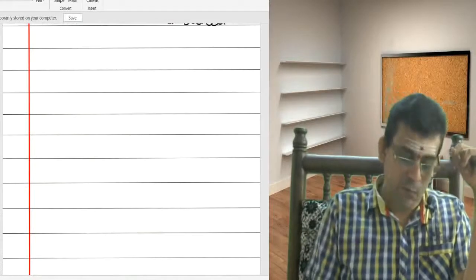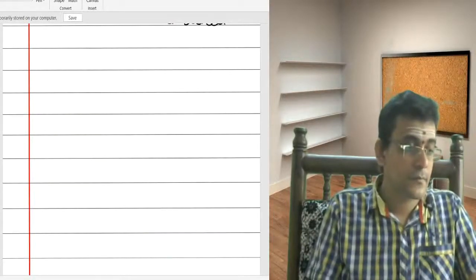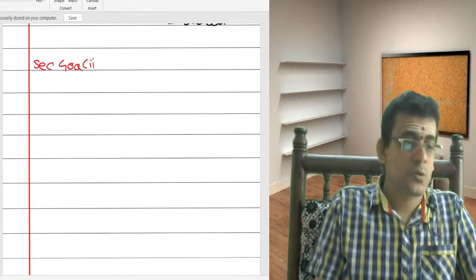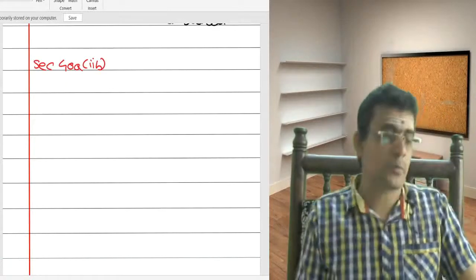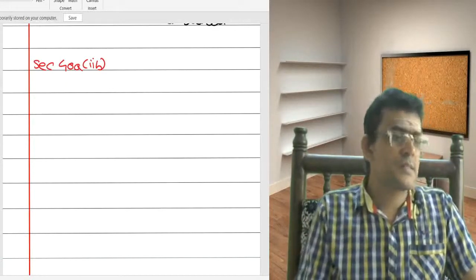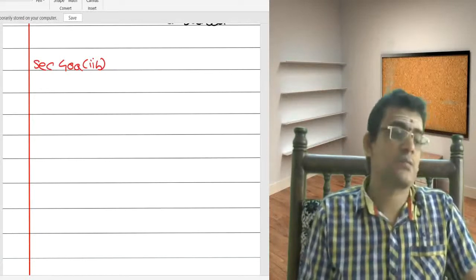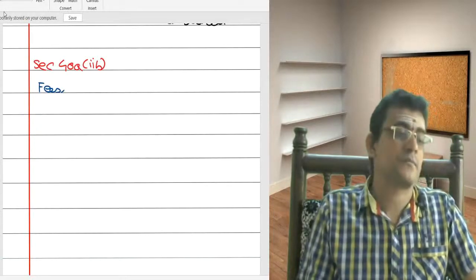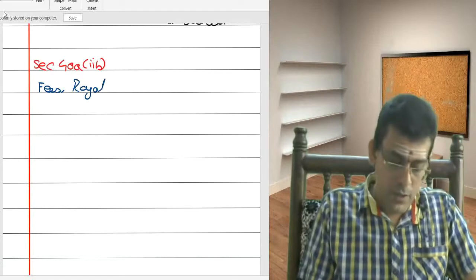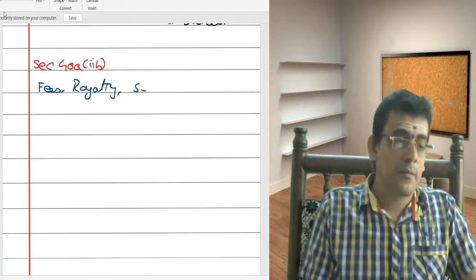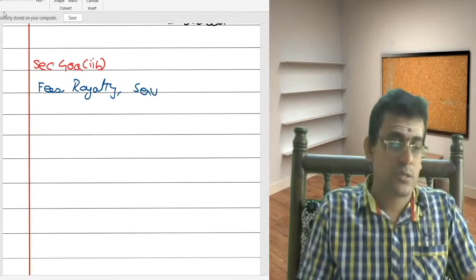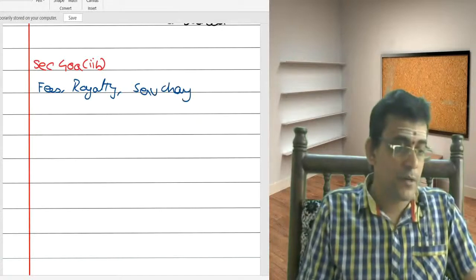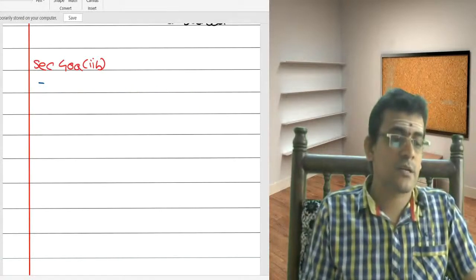Section 40A subsection 2B. Now let us see what this is. This is generally about whenever you are making payment of fees, royalty, or any sort of service charges. Let me put it differently. Whatever transaction there is, two persons will be there.